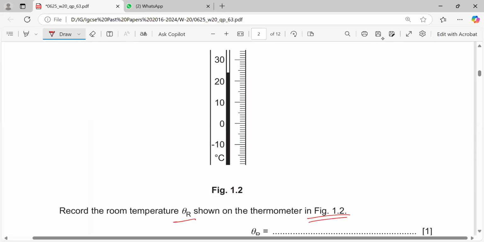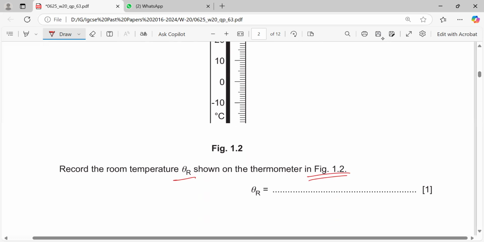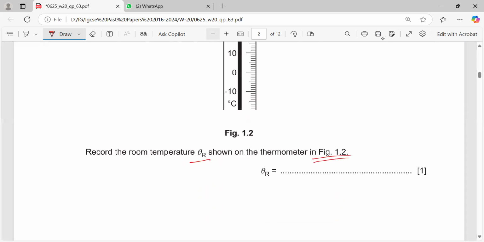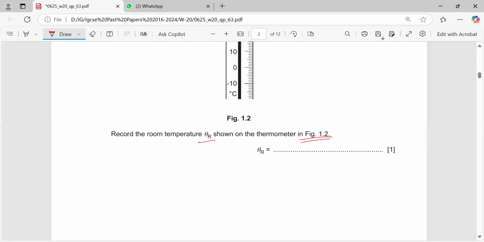Now see, if we are reading it, because we are covering it. So yes, see, this is 20. So this is 24, 25, 26, 27, 28, 29, 30. So we can say the temperature here is 24, and don't forget to write the unit, which is degrees Celsius.